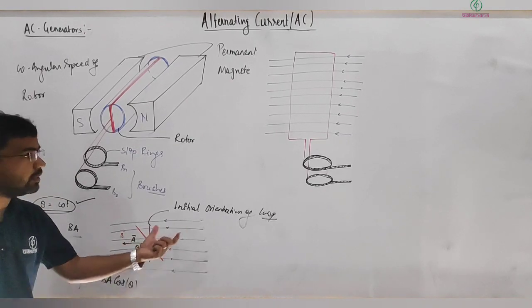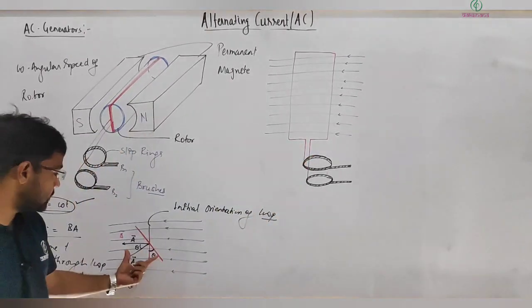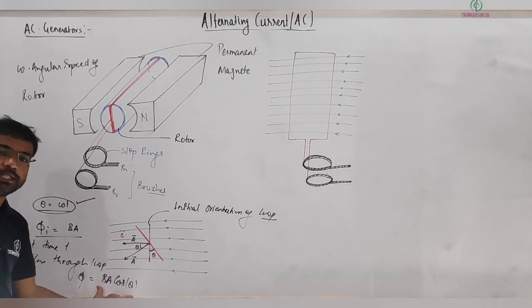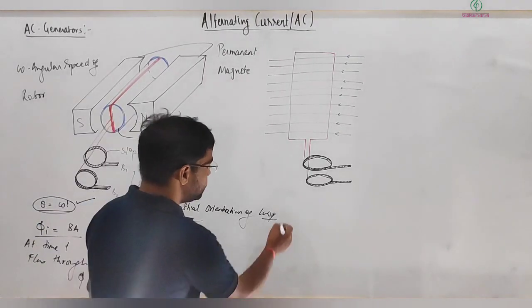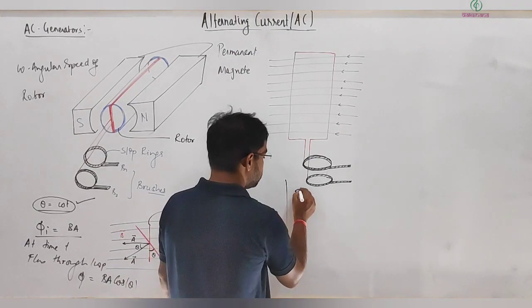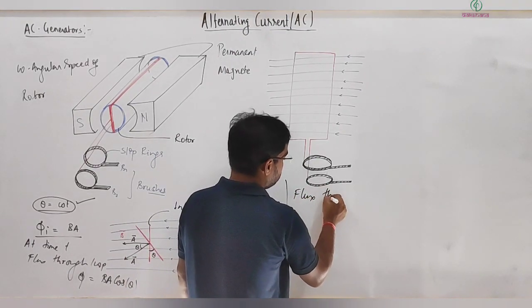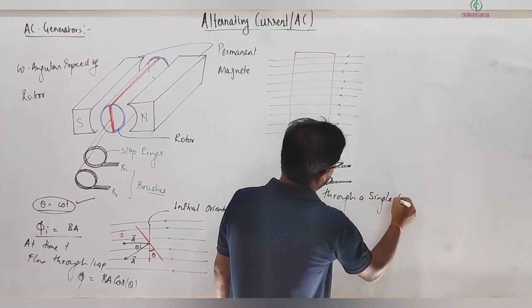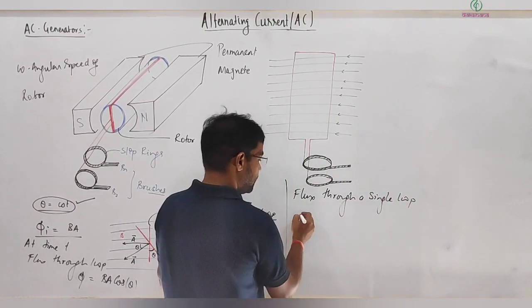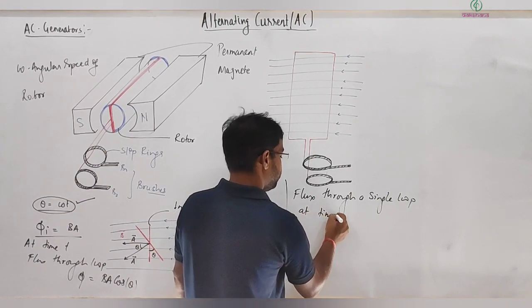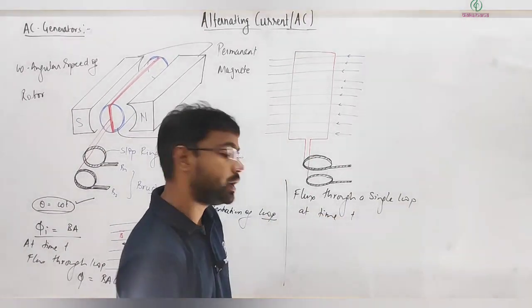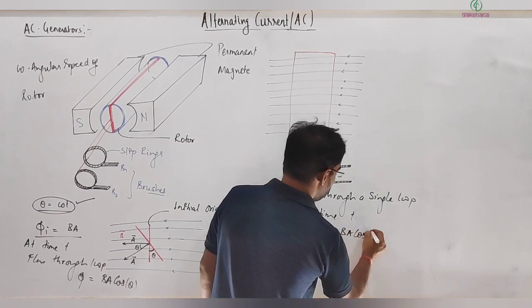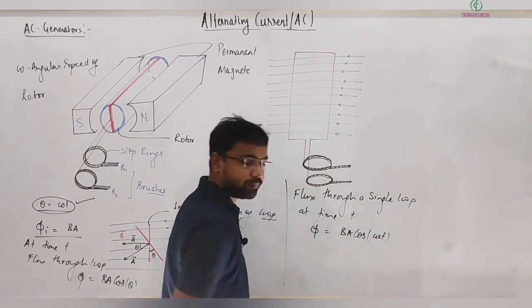The flux through the sin theta component will be 0, and the flux through the cos theta component is given by this. So now I have the flux through a single loop at time t as the rotor rotates. So phi can be written as B A cos of omega t.